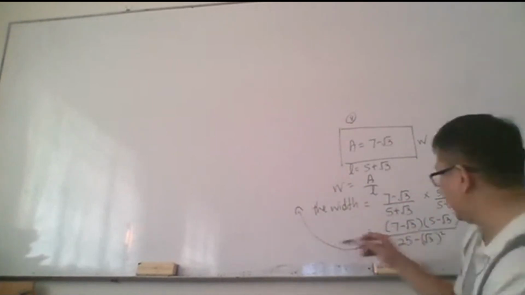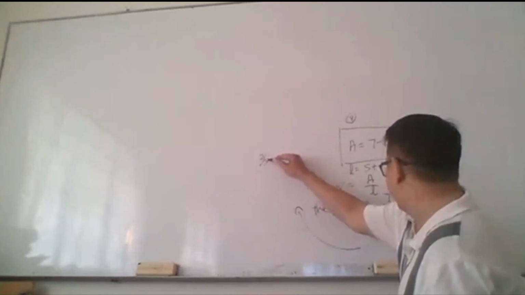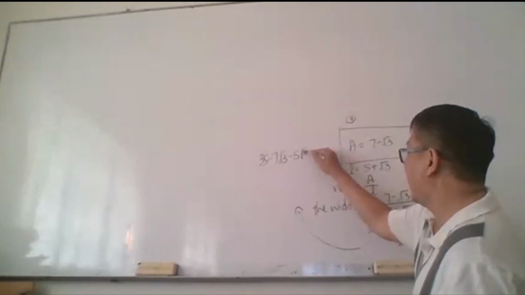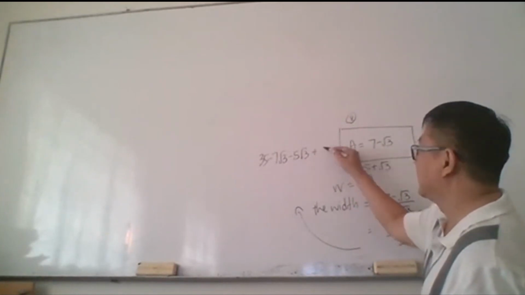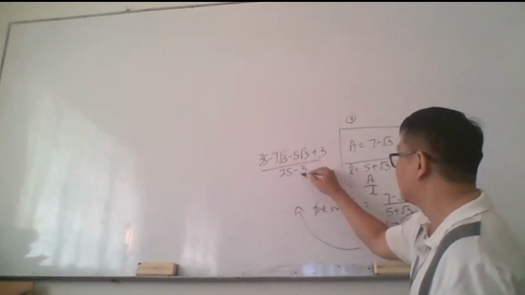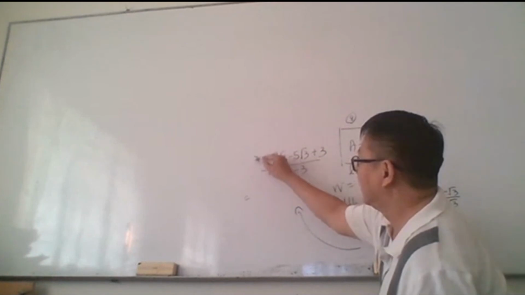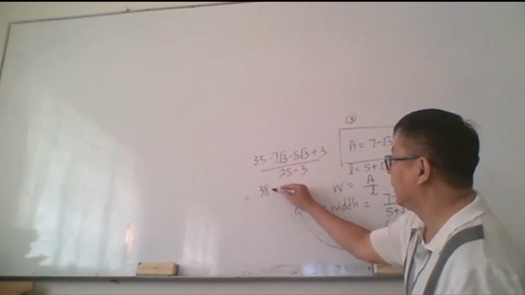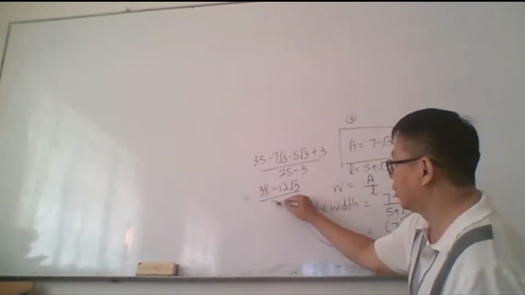And so I will continue. Multiply, you get 35 minus 7 square root 3 minus 5 square root 3, plus 3, over 25 minus 3. And then this is 35 plus 3, that is 38, minus 12 square root 3, over 22.